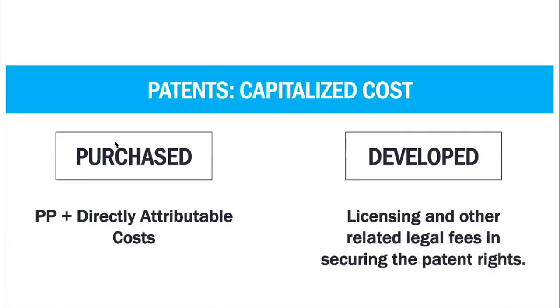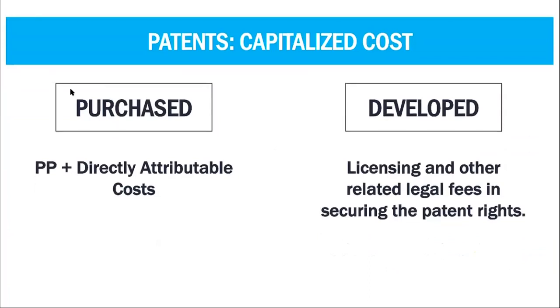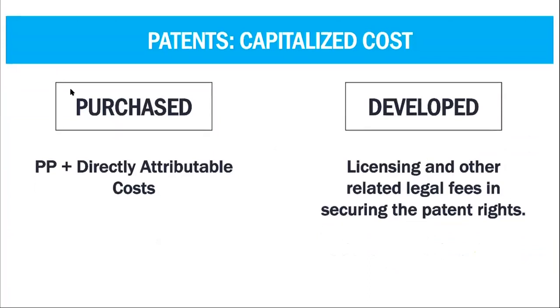So remember, during our previous meeting, we said that your intangible assets can be acquired through purchase or through internal generation. If that is purchase, we will still measure it at cost. So cost is equal to your purchase price plus directly attributable cost. Take note, your purchase price depends on the mode of purchase.